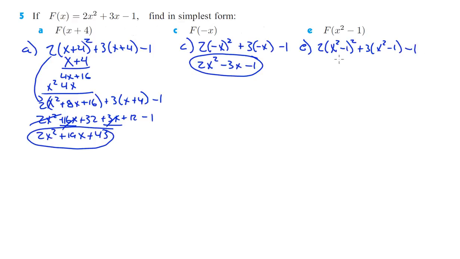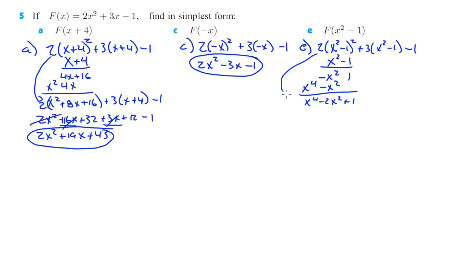So again, we have to multiply this one out. X squared minus 1. Negative 1 times negative 1 is 1. 1 times x squared is x squared. Oh, sorry, negative x squared, because it's negative 1. X squared times negative 1 is another negative x squared. And x squared times x squared is x to the 4th. So this gives us x to the 4th minus 2x squareds plus 1.